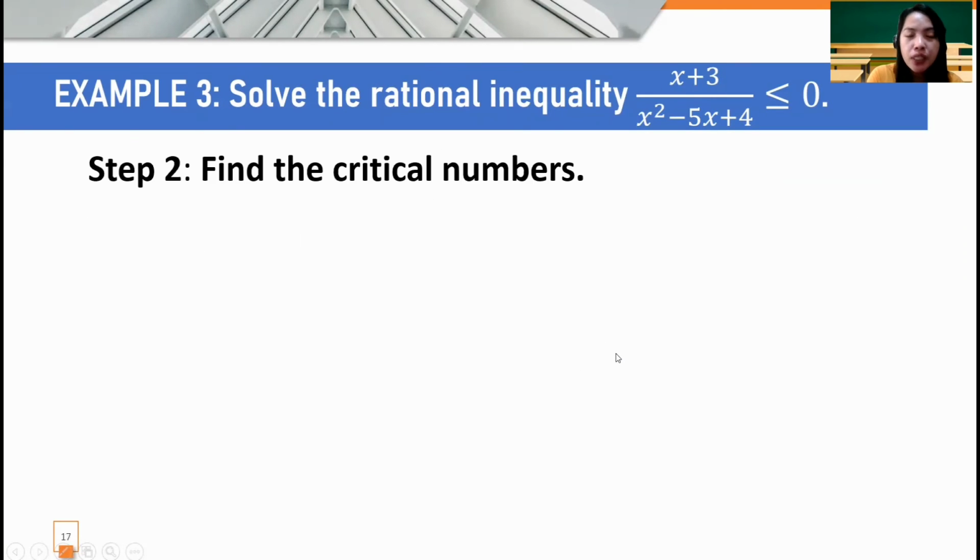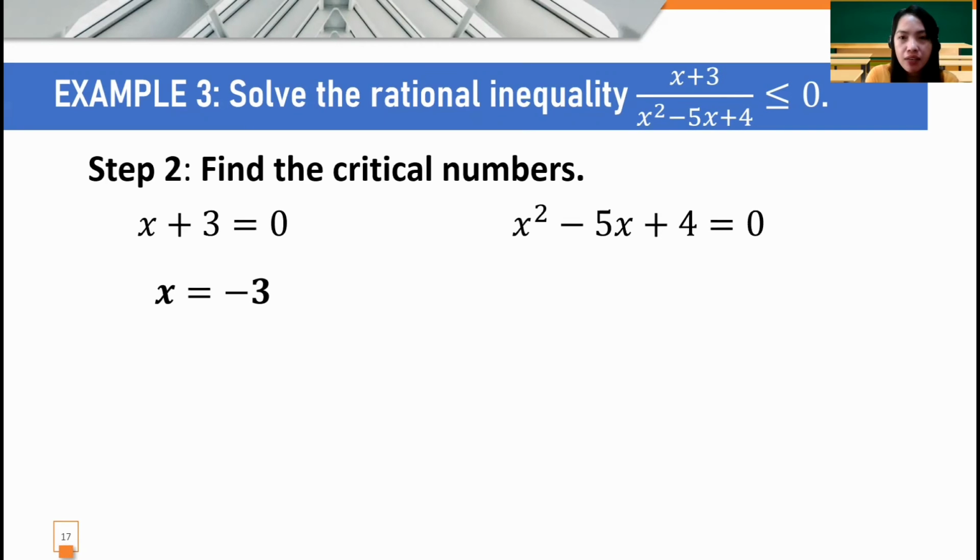Step number 2, we're going to find the critical numbers. In the numerator, we have x plus 3 equals 0. So, always equate that to 0. The value of x here is negative 3. In the denominator, we have the given x squared minus 5x plus 4 equals 0. The factors of this quadratic equation are x minus 4 and then x minus 1. Equate that to 0.